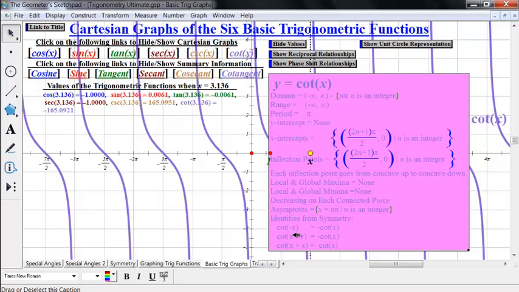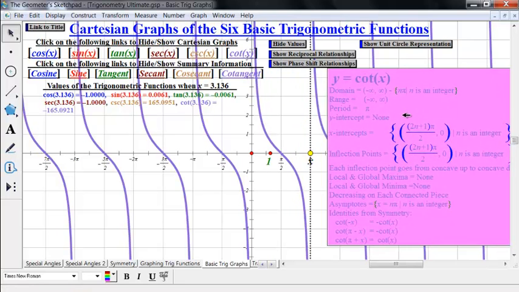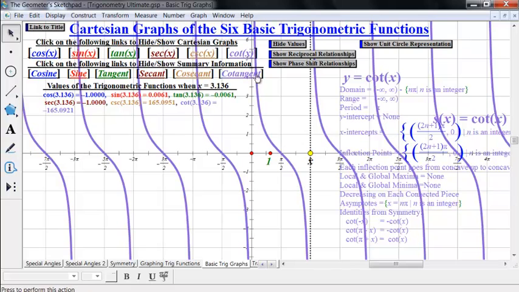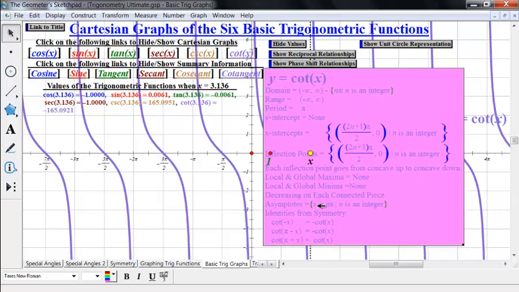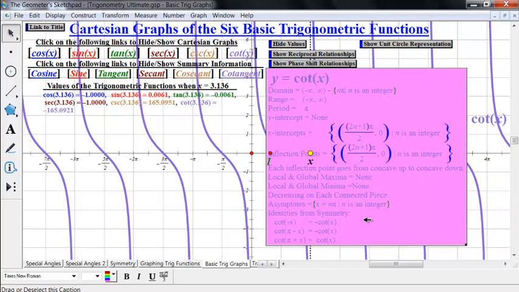And the identities we get from symmetry, cotangent of minus x is the same as negative cotangent of x, so it has origin symmetry. So this part here, if you were rotated around, is going to look the same as that. So if you do a 180-degree rotation around the origin, it will be the same graph. Cotangent of pi minus x is the opposite of cotangent of x, but cotangent of pi plus x is the same as cotangent of x.